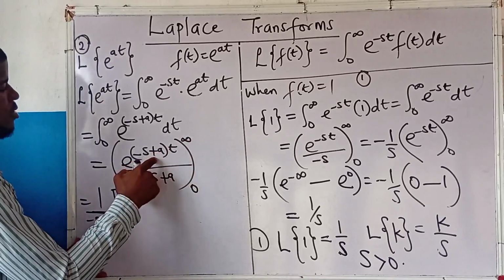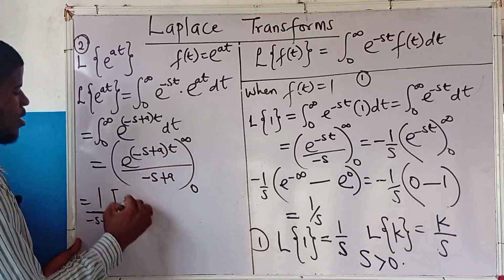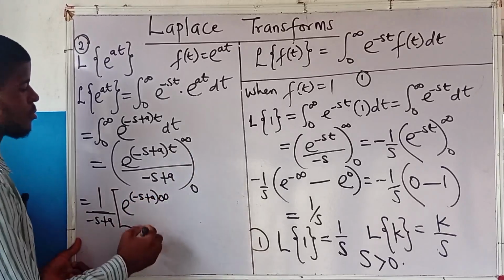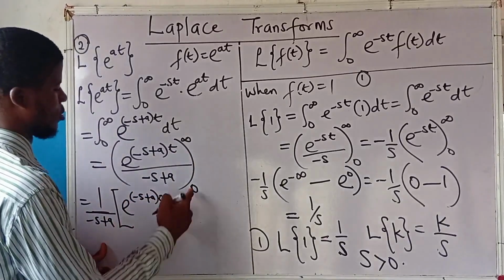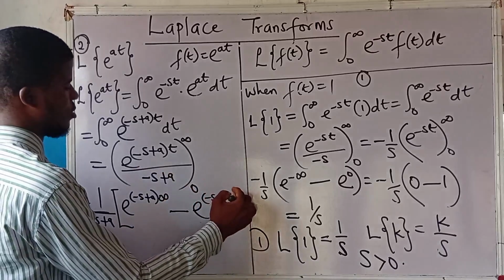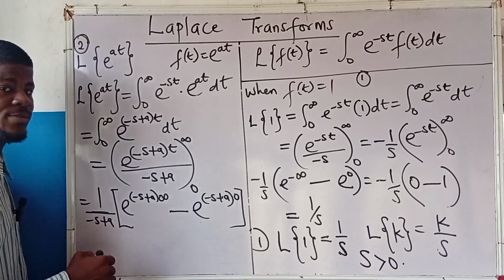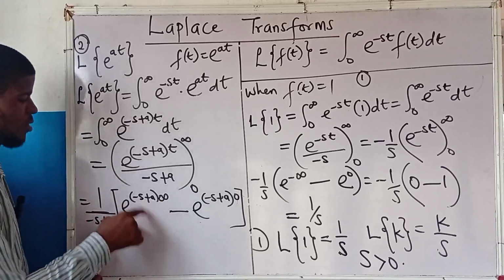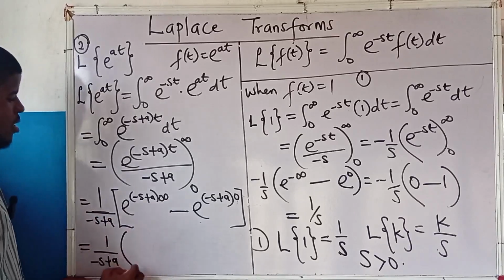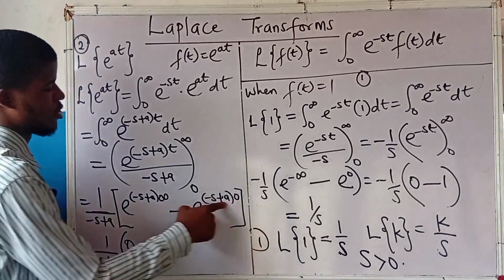So plug in the upper limit minus plug in the lower limit. If I plug in the upper limit, I'll have e to the power of minus s plus a into infinity, then minus, plug in the lower limit, e to the power of minus s plus a into 0. Infinity times everything here gives infinity, and e to the power of minus infinity is 0.